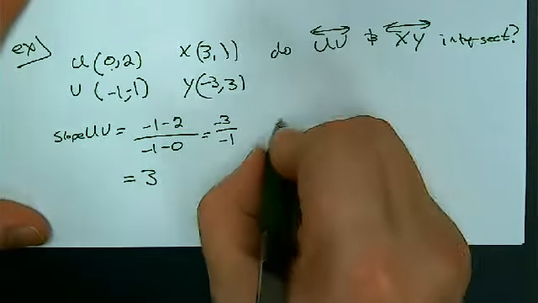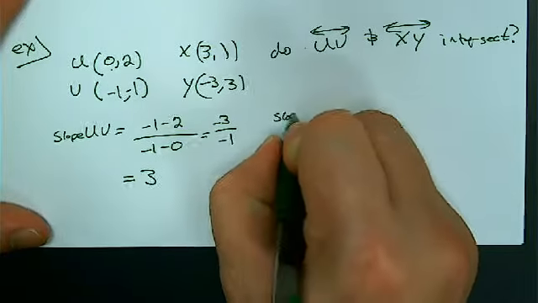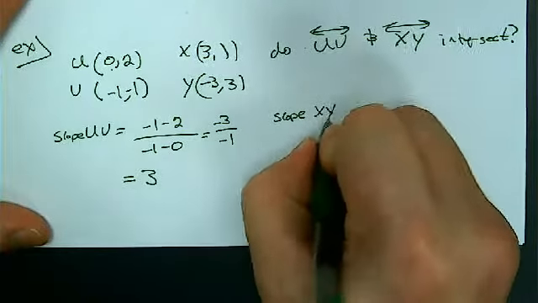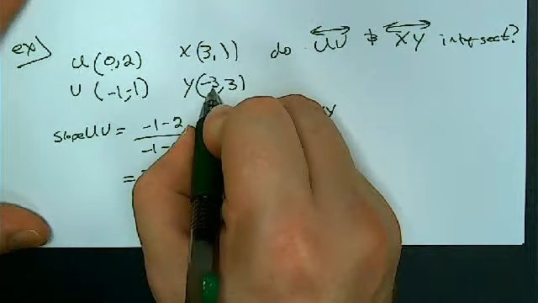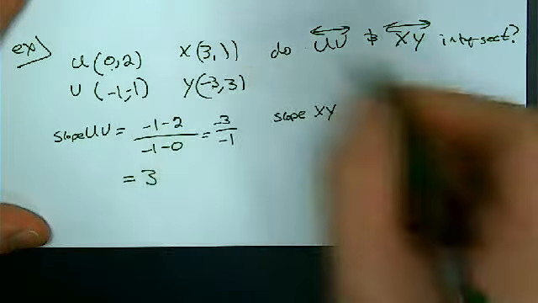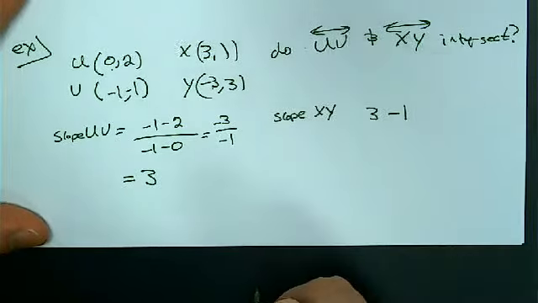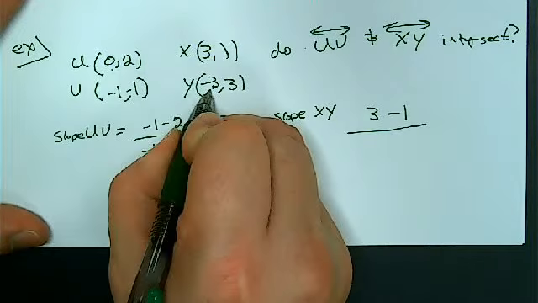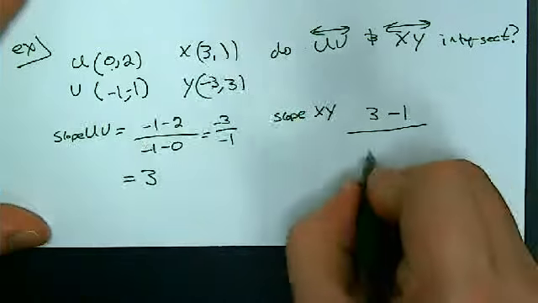So now let's compare the other slope. Slope of XY. So y's first. 3 minus 1 over. Now I do the x's. -3 minus 3.